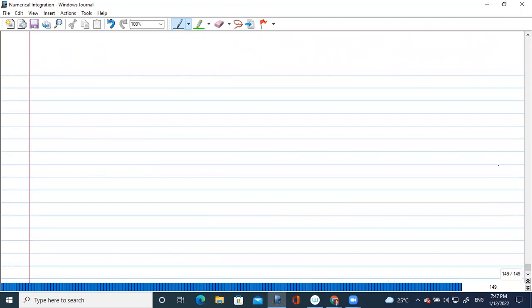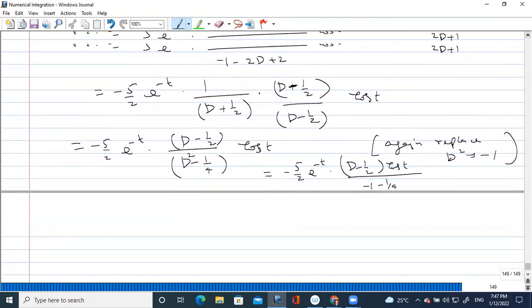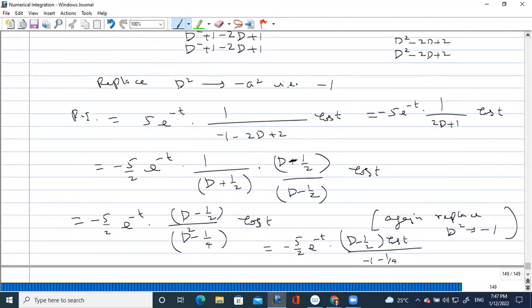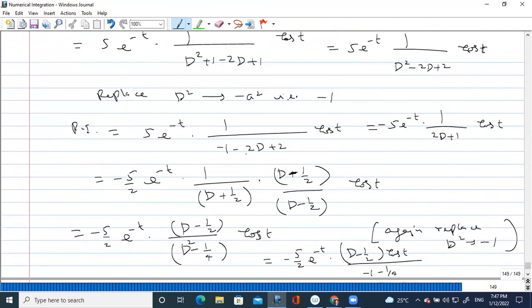Sir, is it 2D minus 1, 2D plus 1 in the denominator part? Here now it was minus, yes, we have done wrong. It was minus 1 and plus 2, so plus 1 it will be.